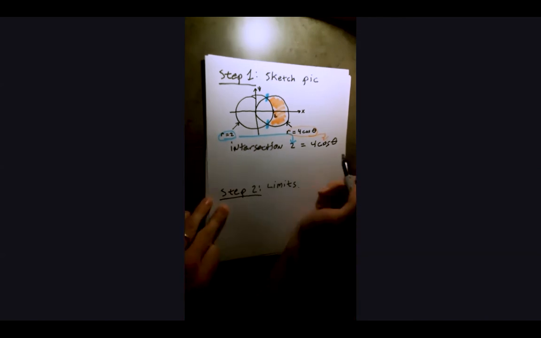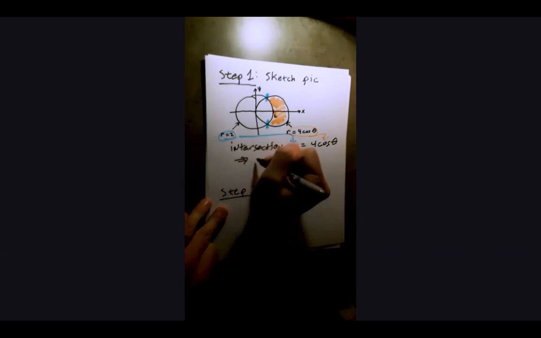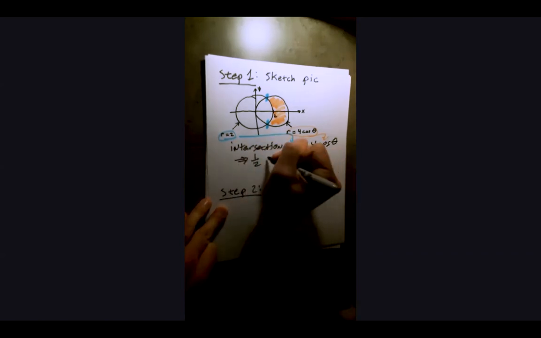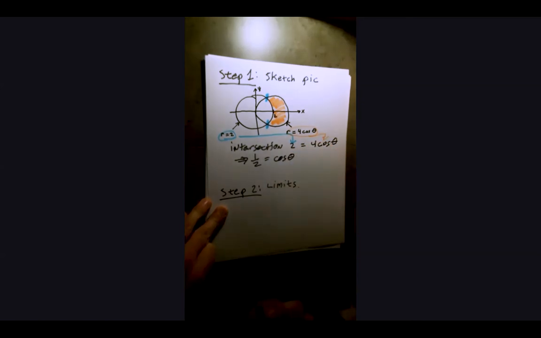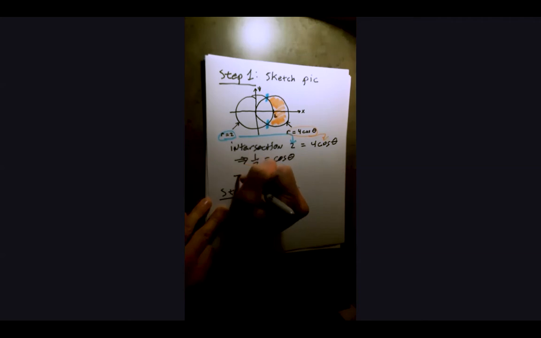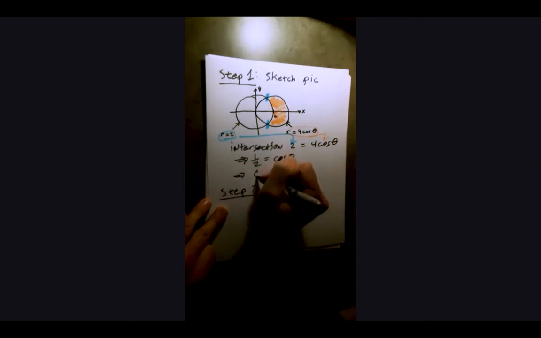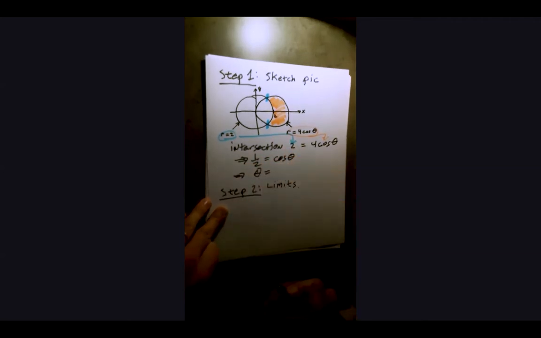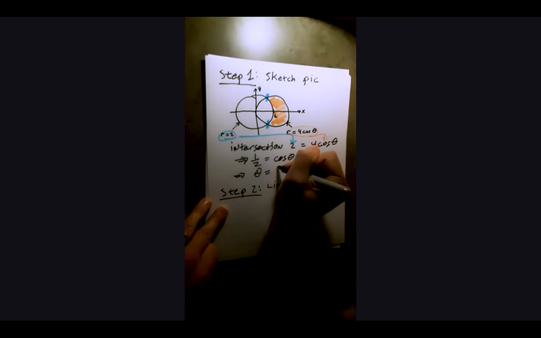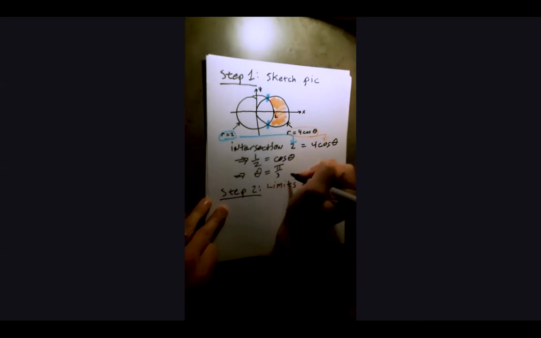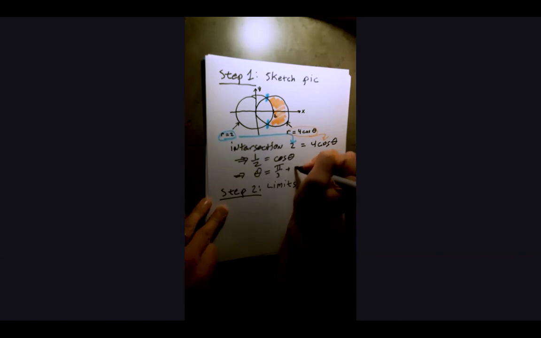We can divide both sides by 4, and we get 1/2 equals cosine theta. And this is one of those nice points on our unit circle. And so we get that theta is equal to pi over 3 plus 2k pi.